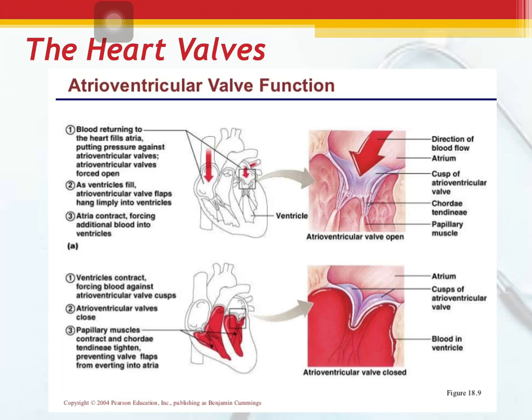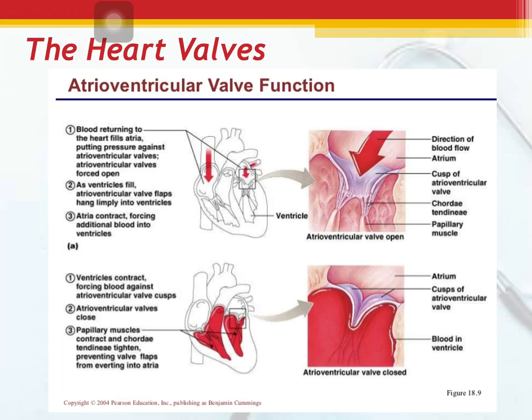Atrioventricular valve function. The blood returns to the heart and fills the atria, putting pressure against the AV valves, which forces them to open. When they are open, the ventricles fill with blood. Upon atrial contraction, additional blood is forced into the ventricles.